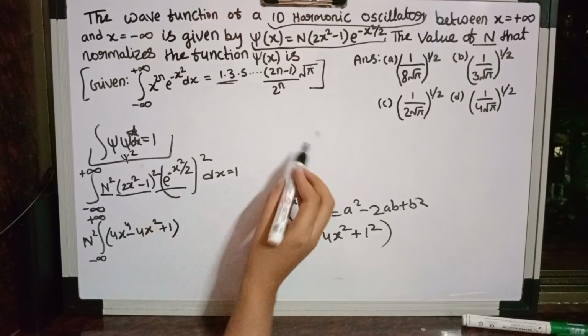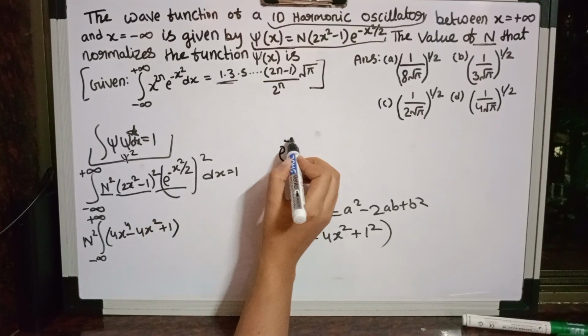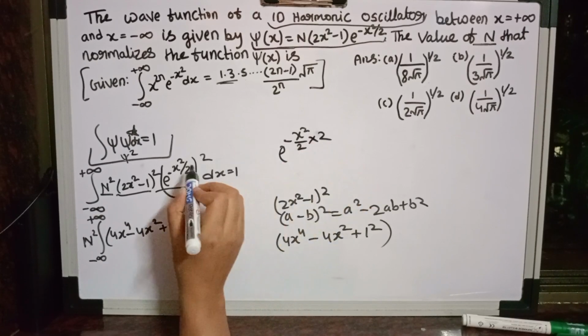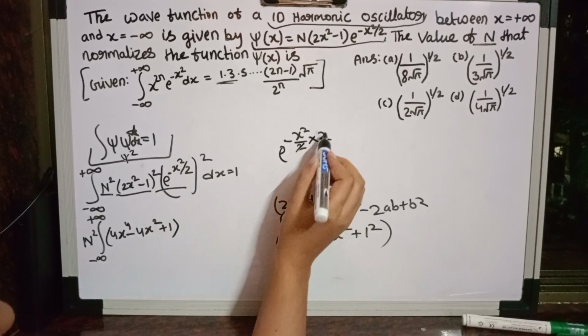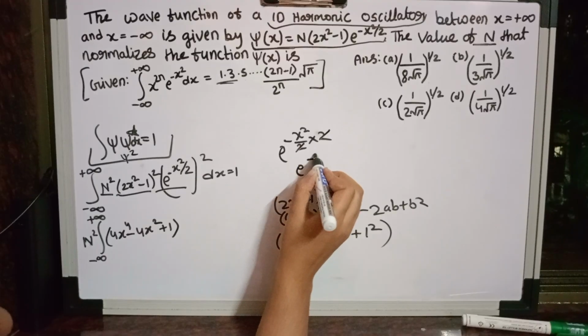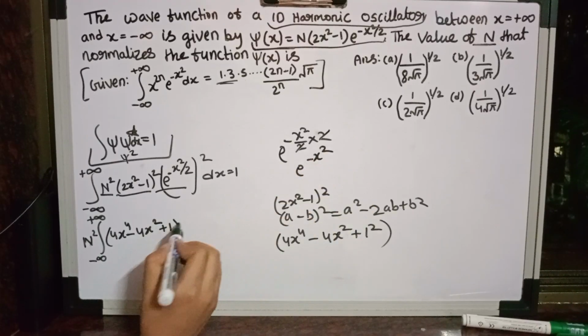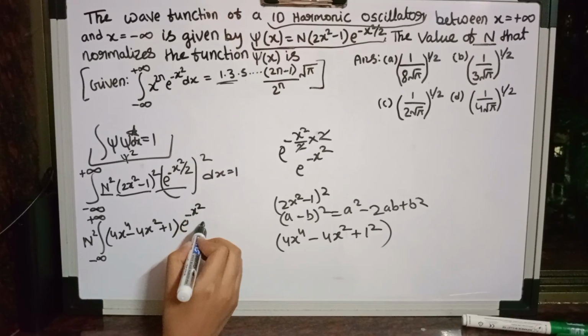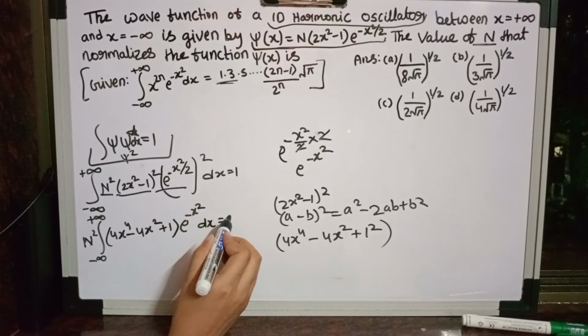So let's simplify this. E raised to minus x square divided by 2, into 2, we multiply the powers. So 2 and 2 cancel out and we have e raised to minus x square. So this is what we get at the end, dx of course, and this is equal to 1.